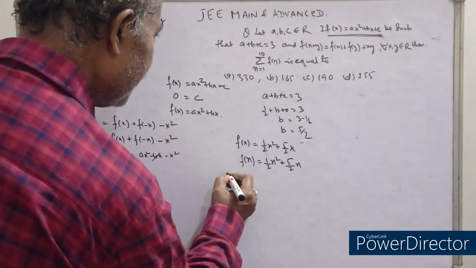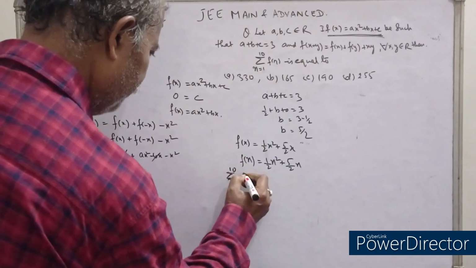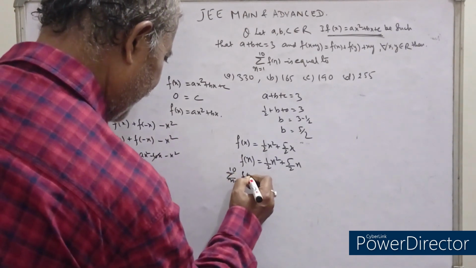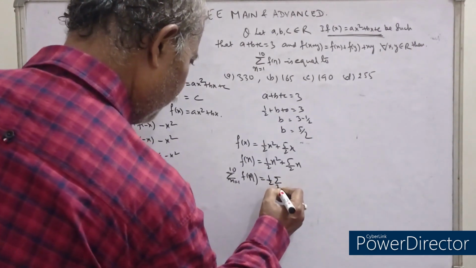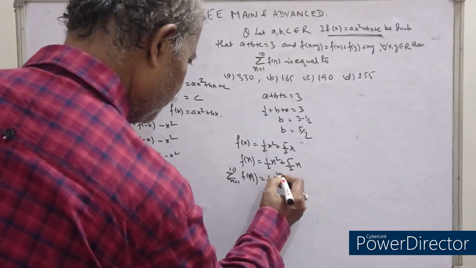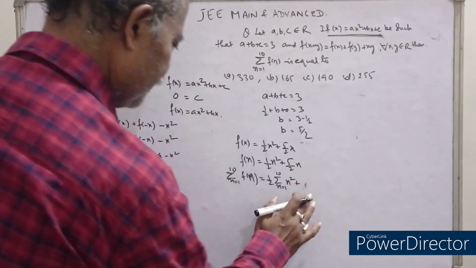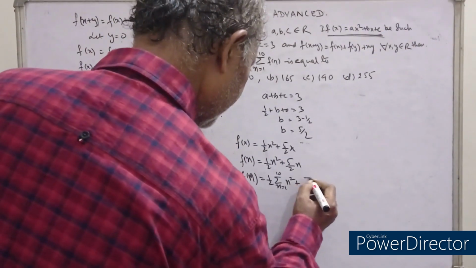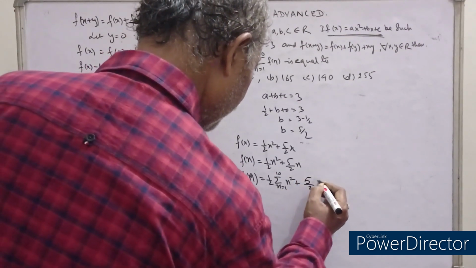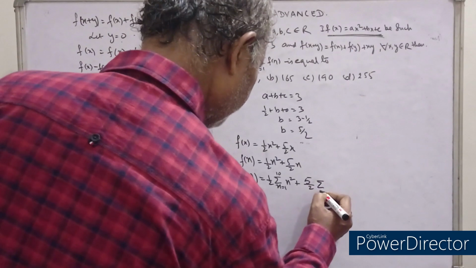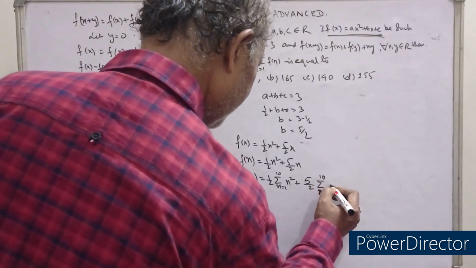Now the summation of n equal to 1 to 10 of f(n) will be 1 by 2 summation of n equal to 1 to 10 of n square plus 5 by 2 summation of n equal to 1 to 10 of n.